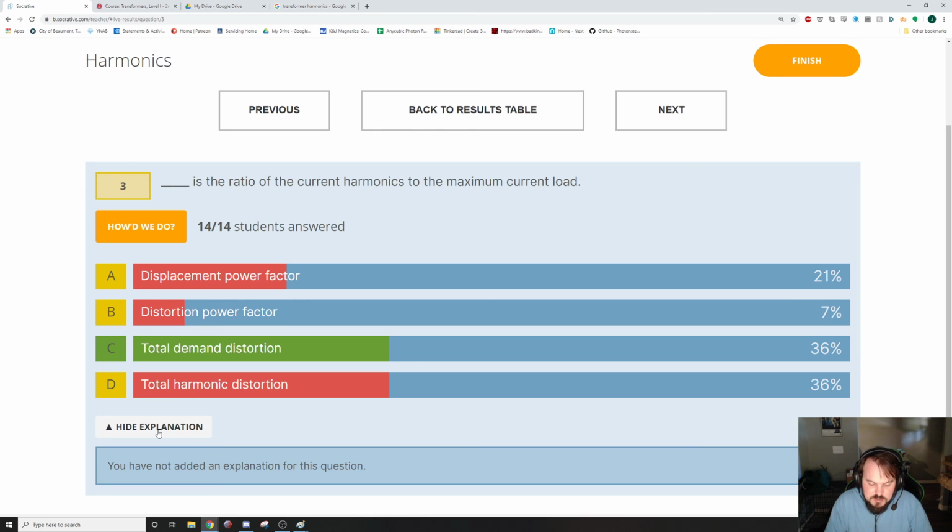It takes into account the maximum load current, so it would take into account a motor's amperage rating in the figures that it does.